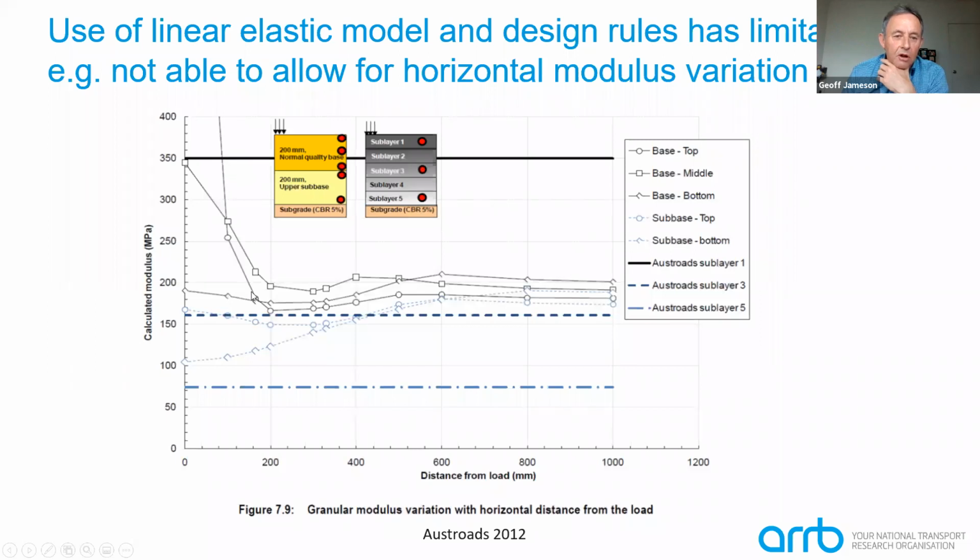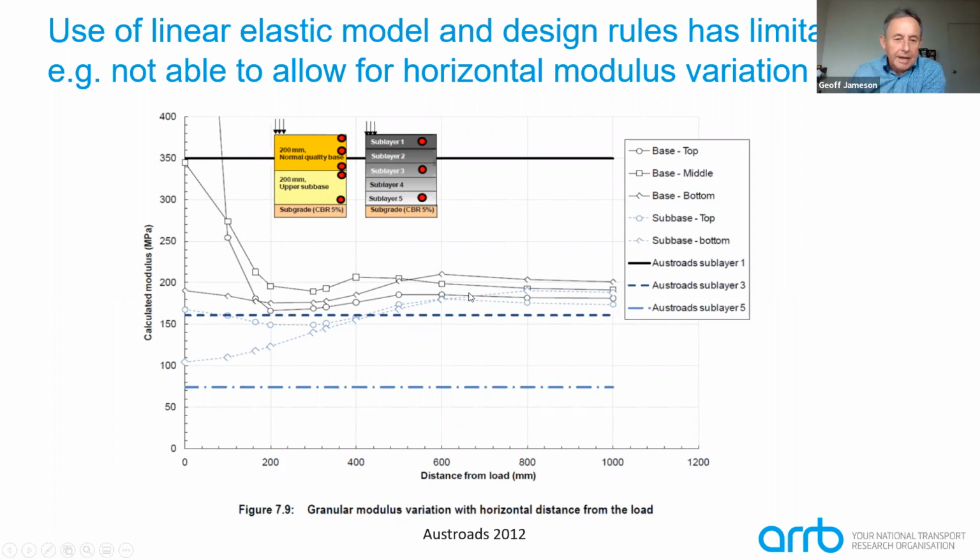The further you get away from the load, this area here where it's above 350 is essentially almost underneath the wheel that we model. So you can get values around maybe 500 or so rather than 350 in the finite element, but it drops off markedly with distance here.